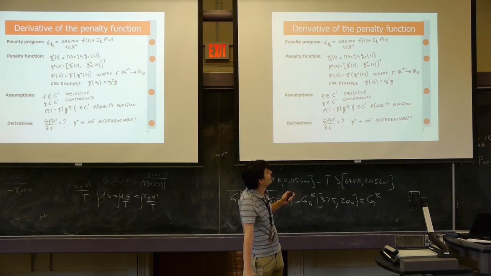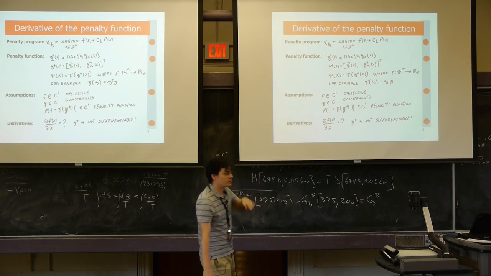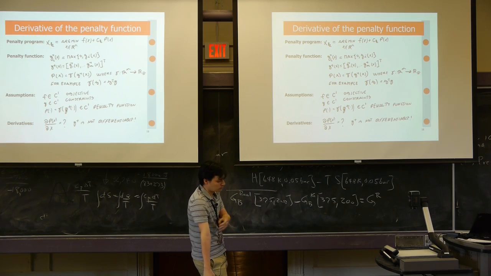But now it's an unconstrained problem. x is in the n-dimensional Euclidean space. f and p are continuous smooth functions, so we can calculate their derivatives. Oh, sorry, so f is continuous and g is continuous, and we want to calculate the derivative of this function.